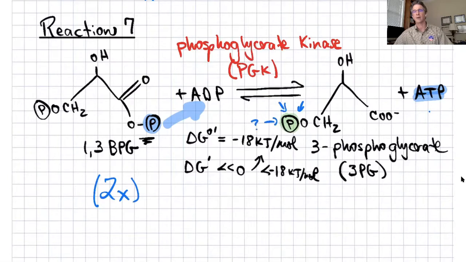And the question is, how do you do that? Well, the logic of the remaining steps of this pathway are centered around making that happen. And it's going to involve moving that phosphate group and then doing something to this molecule that makes the subsequent phosphoester super unstable, which we can then use to make ATP. All right, so let's see how that gets going.